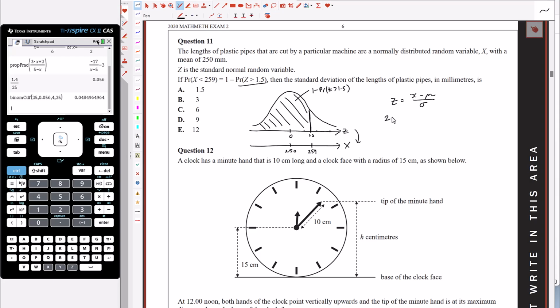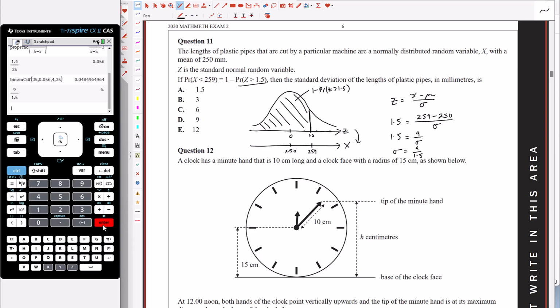So our z value is 1.5 and our equivalent x value is 259 minus the mean, divided by the standard deviation, and so we get that 1.5 is 9 on the standard deviation, and the standard deviation is 9 on 1.5, which is 6.